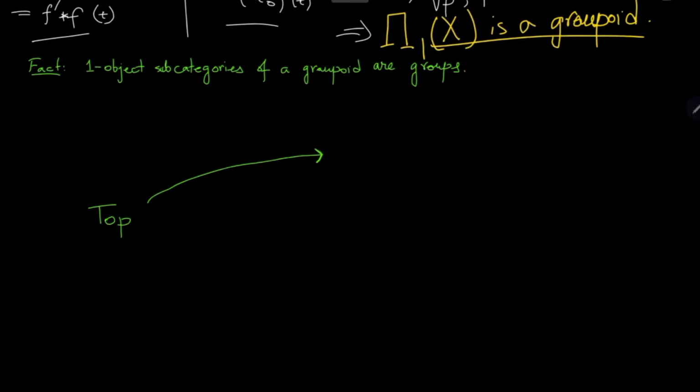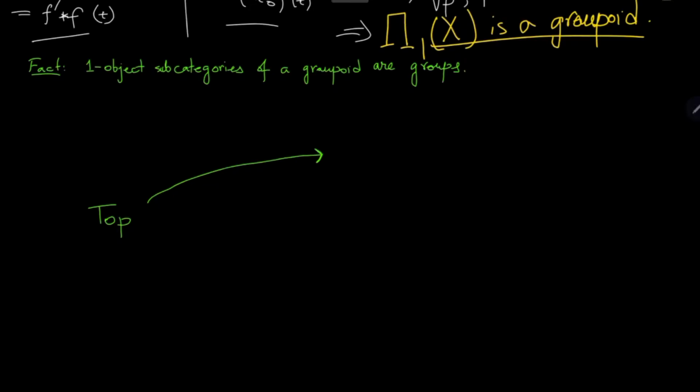Let's say, what is the category of all groupoids called even? It's called just groupoid, or has it some different name or something like that? Let me just look up for a second. Category of all groupoids.